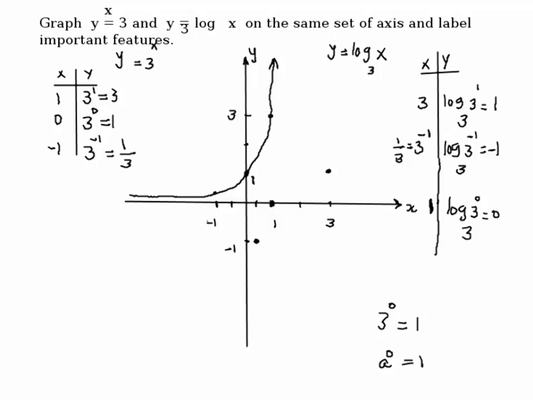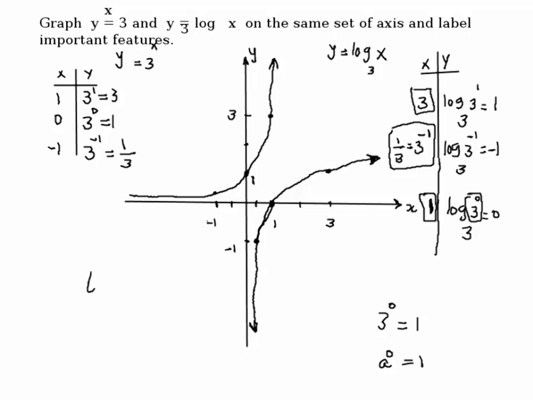So the graph looks like this. You get closer and closer to 0 from this side, and it would look like that. So I picked these numbers: x equal to 3, x equal to 1/3, and x equal to 1. And then I replaced 1 with 3 to the power of 0, so I can use this property.